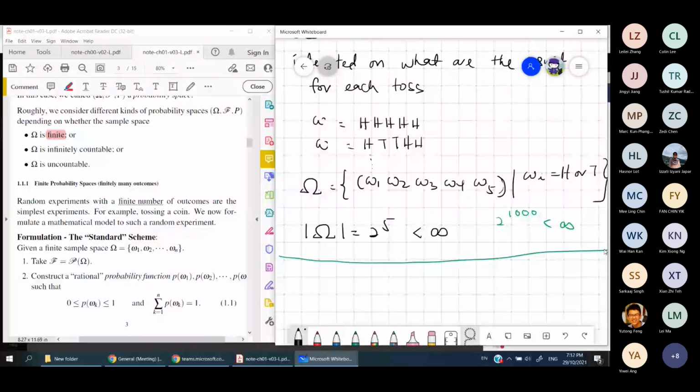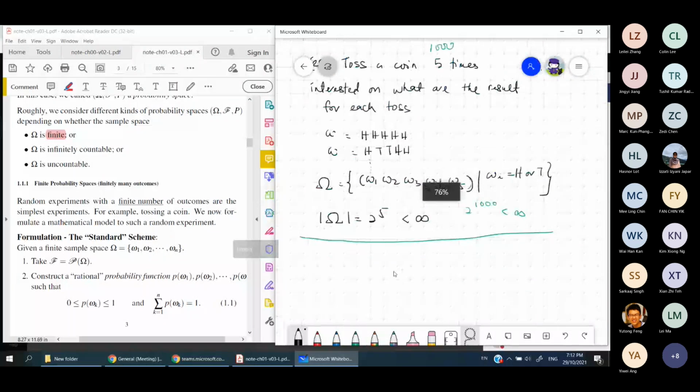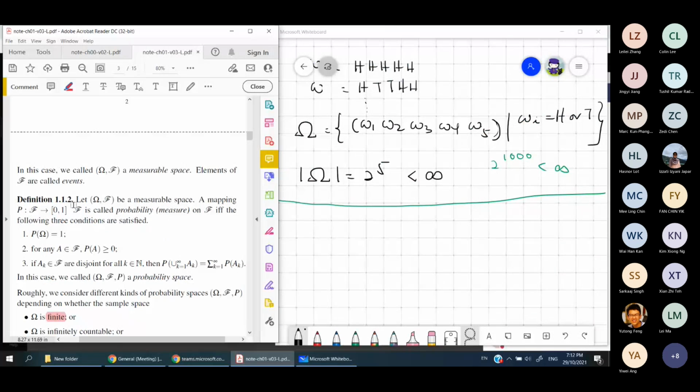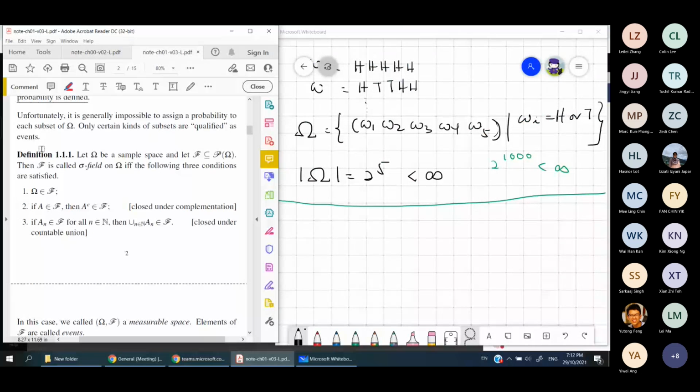So let's look at how to formulate this probability space. Again, let's forget about definition 1.1.2 and definition 1.1.1 first. We directly look at how to construct these things.